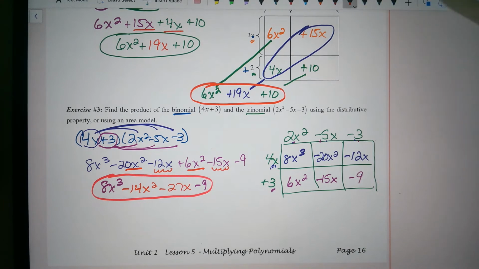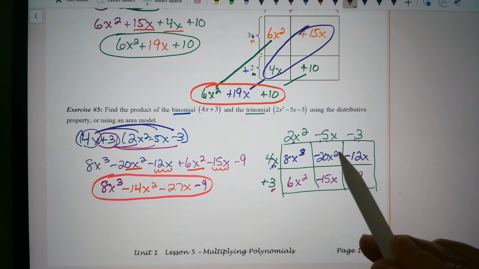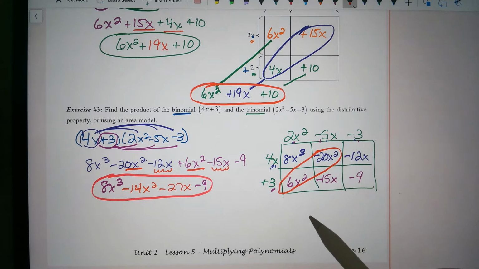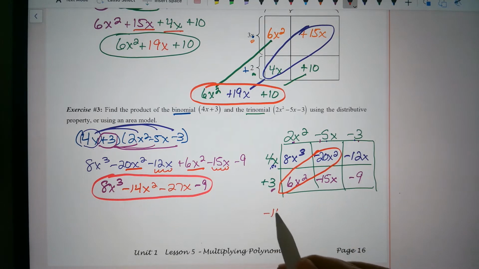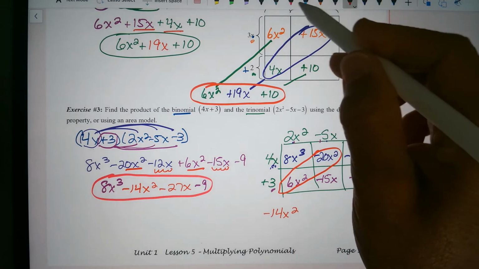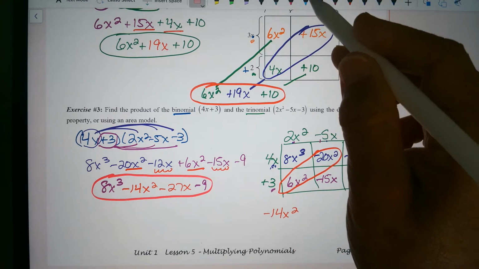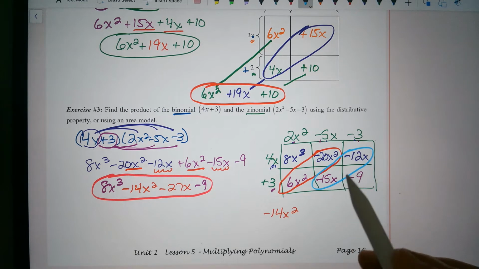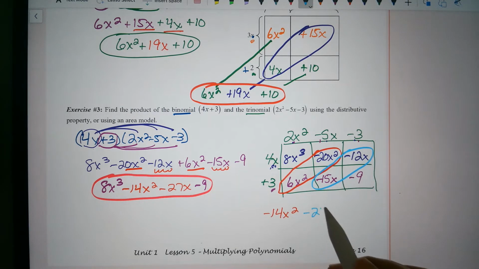Again, look for like terms. We have our x squared terms here. Negative 20 and positive 6 is negative 14x squared. And we have our like x terms here. This is negative 27x.